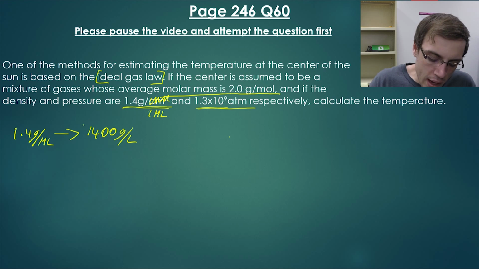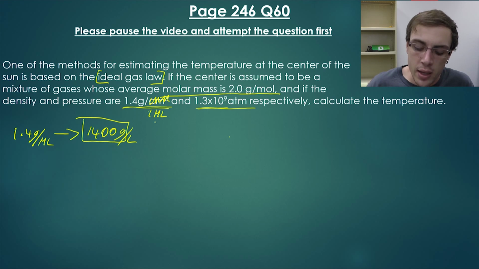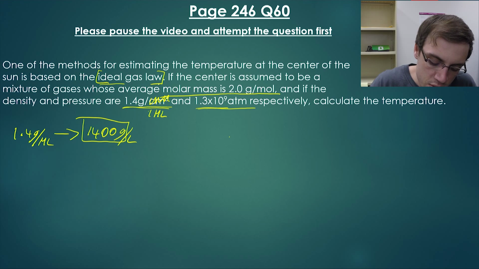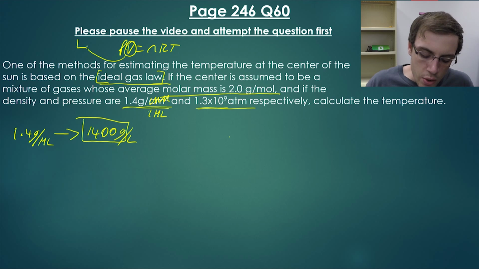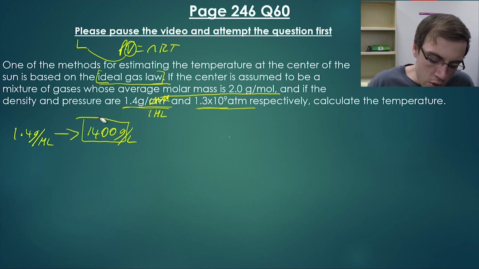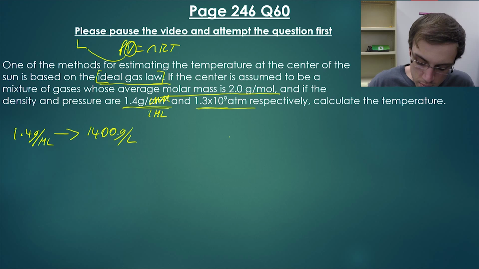Now, we have a mass of our gas in grams per liter. And that's good because remember, our ideal gas law, which was given to us here, is PV = nRT, and our volume has to be in liters. So we'll do a little checklist.